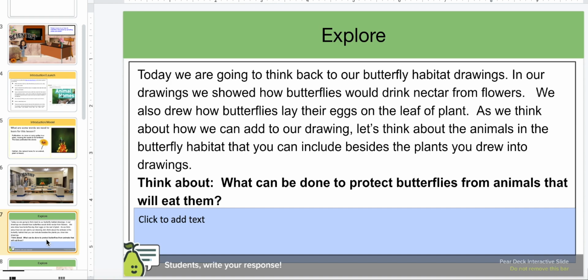So as we think about how we can add to our drawings, let's think about the animals in the butterfly habitat that you can include besides the plants you drew in the drawings. Now think also about what can be done to protect butterflies from animals that will eat them. So Science Explorers, think, write your response.